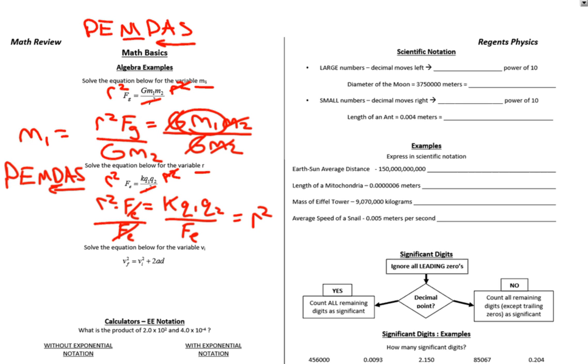And now I can deal with the exponent part. The opposite operation of squaring is square rooting. So if I square root both sides, I end up getting my answer: r equals the square root of k times q1 times q2 divided by F sub e.